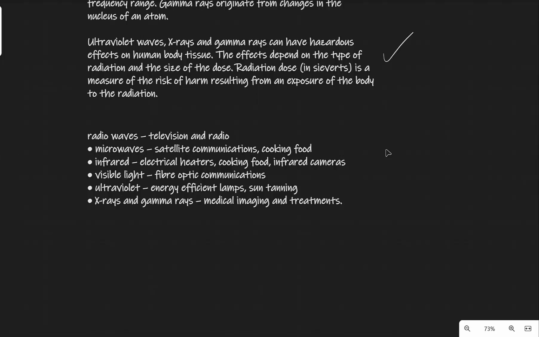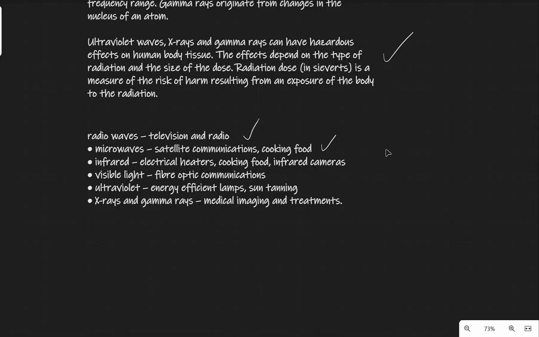Radio waves, for instance, are used in television and radio. Why is that? Well, they travel at the speed of light, and they're also used within electrical circuits, so it's very easy to send a signal. Microwaves are used in satellite communications and with cooking food. Actually, they are vibrating at the same frequency as hydrogen, which allows us to resonate the molecules in the food.